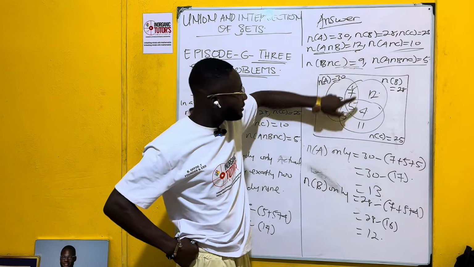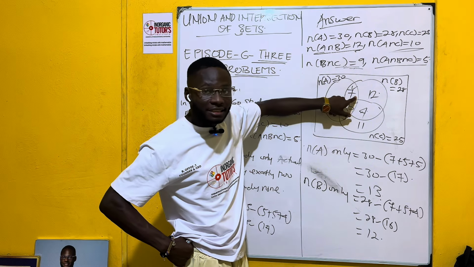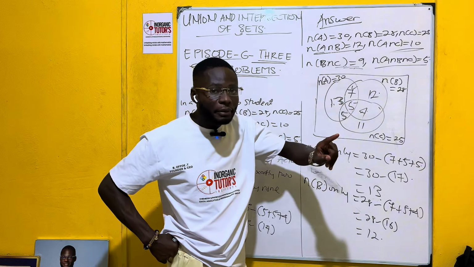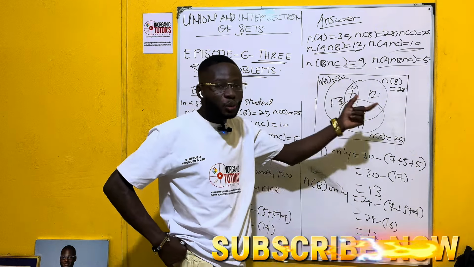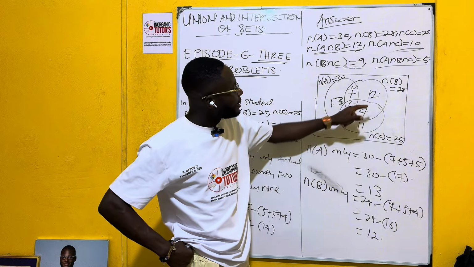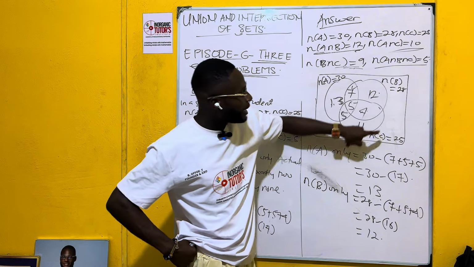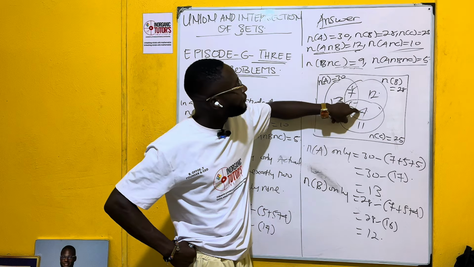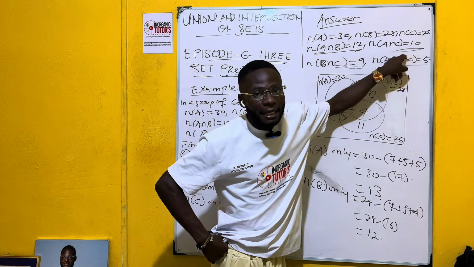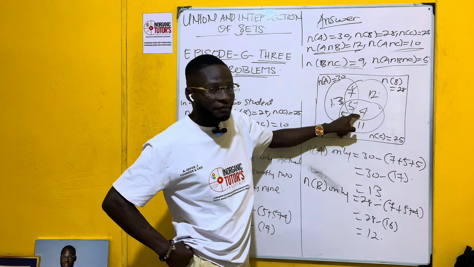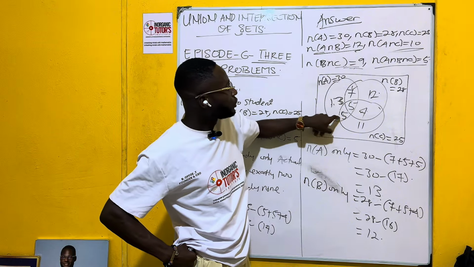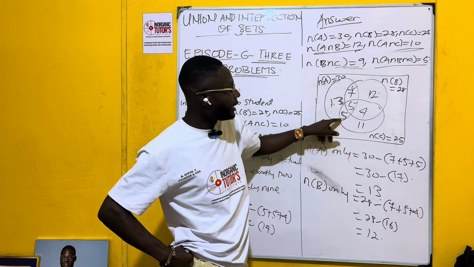So if you take 5 from 12, you have 7, and that becomes the only people between A and B. The same thing applies to the only people between B and C. You take the center from the number that was given, and that gives you 4. We do the same thing to A and C, and that gives us 5.